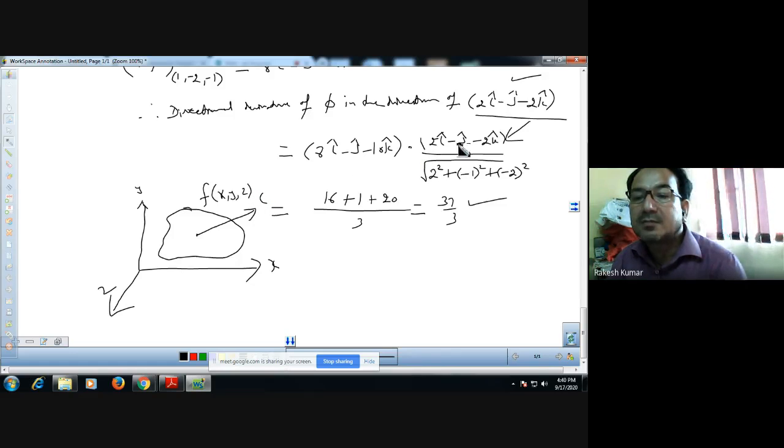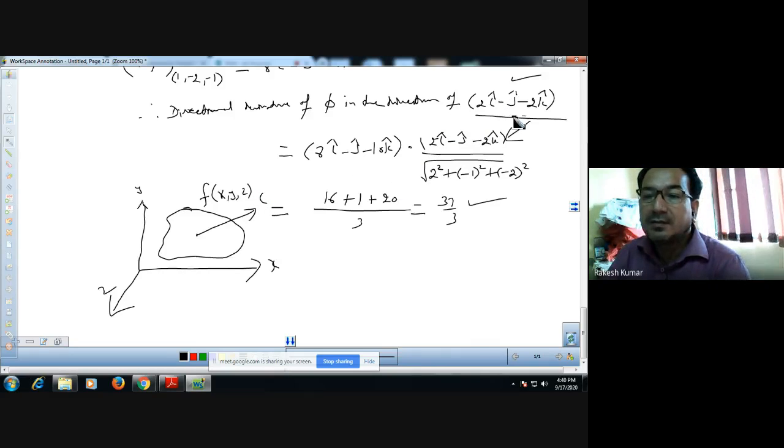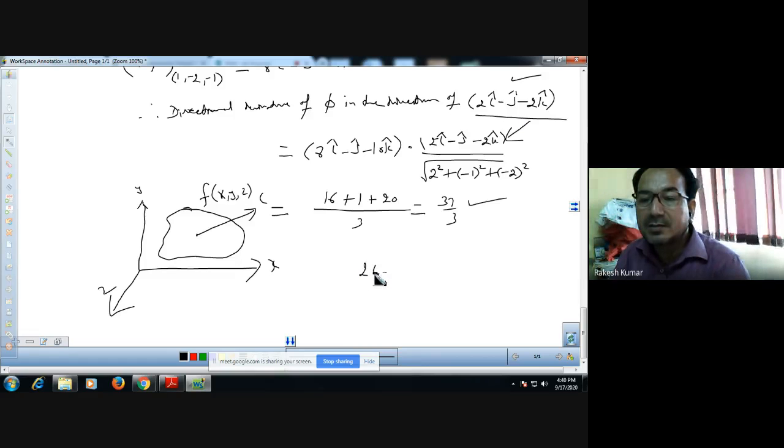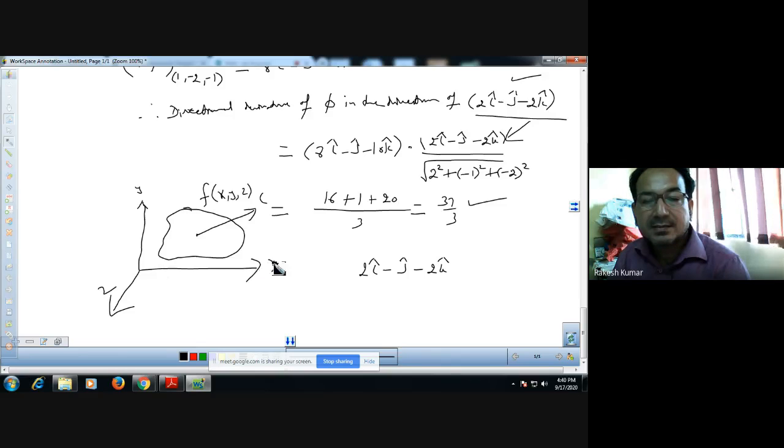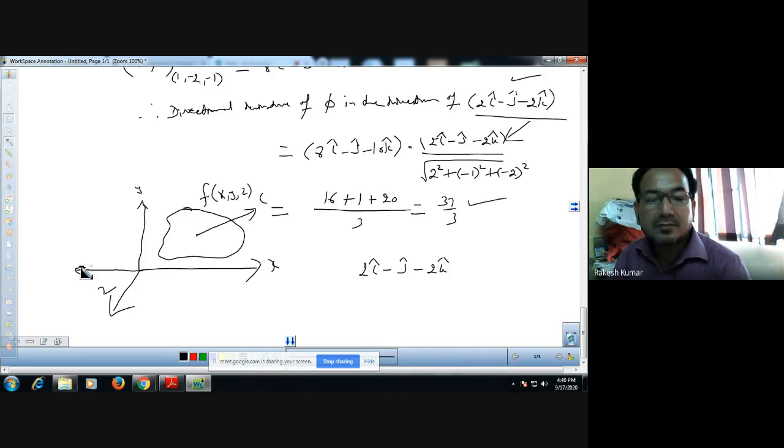If you observe this one, this is the direction given to us, 2I minus j minus 2k. If the x-axis is on this side, then on the opposite of that we should have x negative, and on the opposite of y we should have negative y, and on the opposite of z we should have negative z.